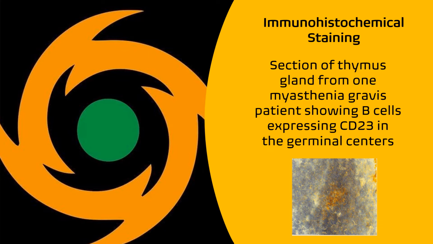And here in the slide, you can hopefully see a highlighted area with a semi-lucent or luminescent appearance, which highlights the staining of B cells expressing CD23 in this particular slide.